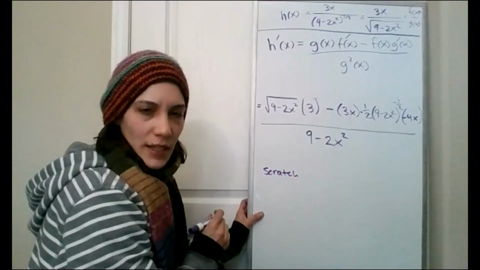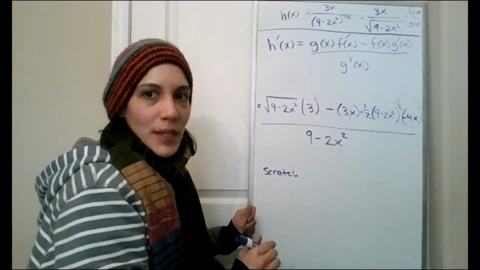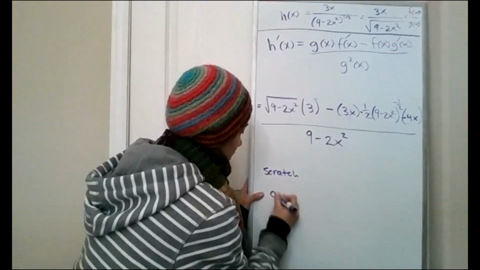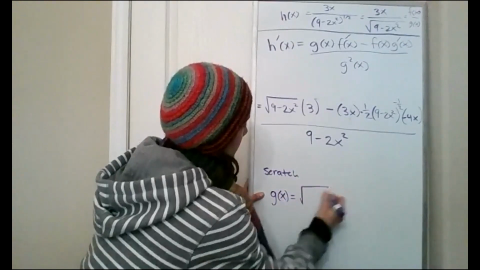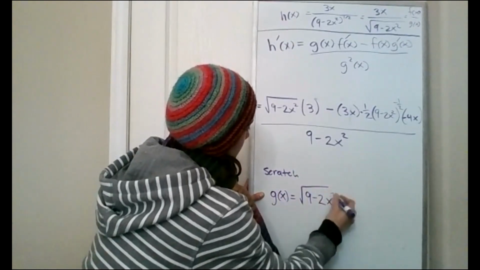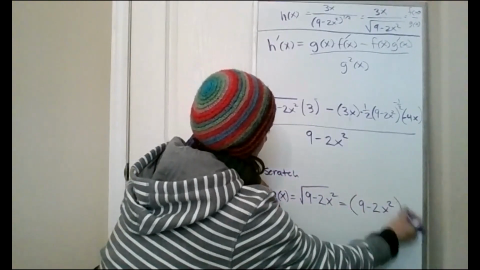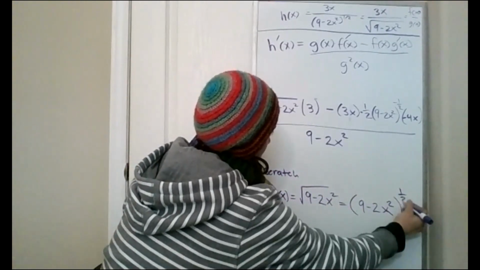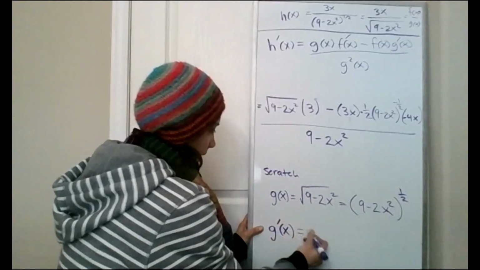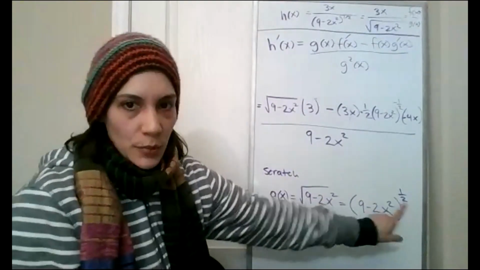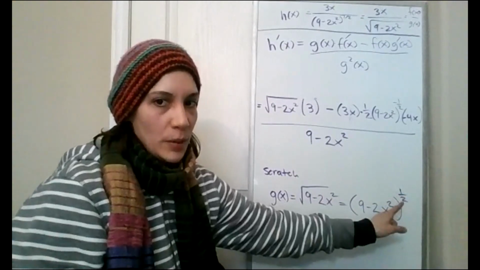Sounds like you got it, but I could just write it up instead. So if you've got x is the root 9 minus 2x squared, we put this as 9 minus 2x squared. Power rule is bring the half down, don't touch what's inside, and take 1 away from the power.